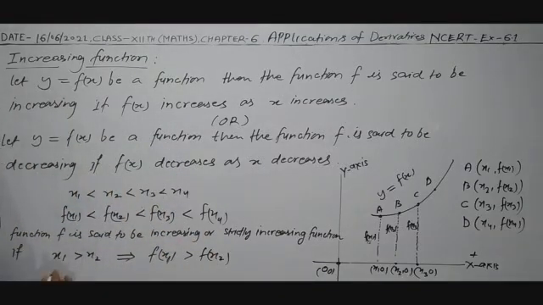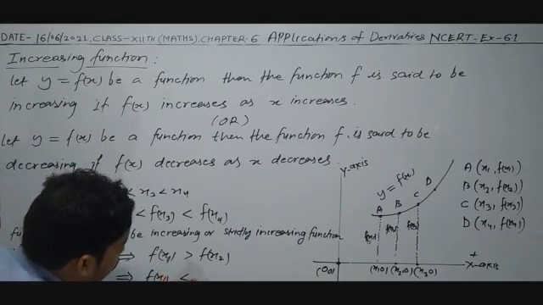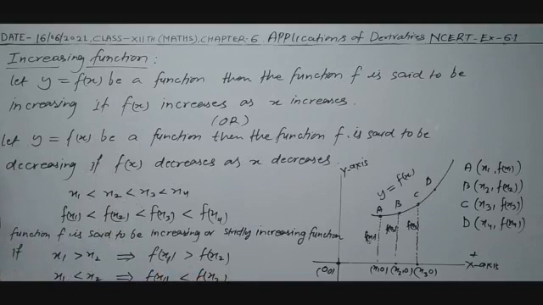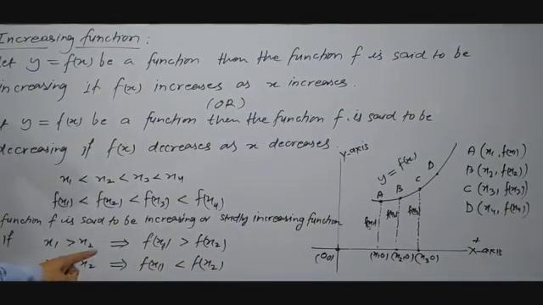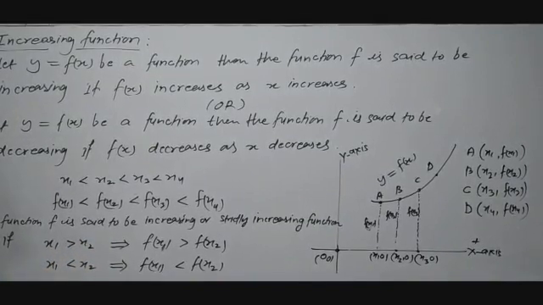And the second case, x1 is less than x2, in which case f of x1 is less than f of x2. So these are the two conditions. If you take x1 is greater than x2 and the output is f of x1 is greater than f of x2, then you can say the function is increasing. In the other case, if x1 is less than x2, this implies f of x1 is less than f of x2, then you can say the function is increasing or strictly increasing.